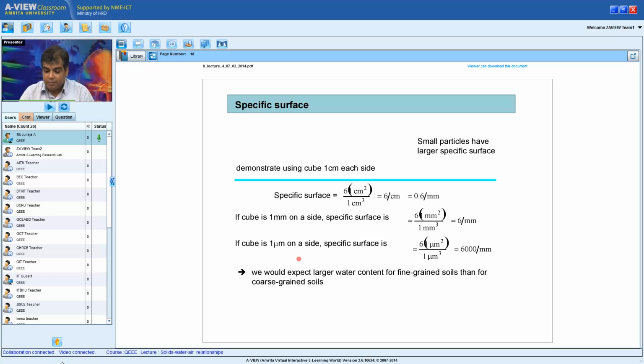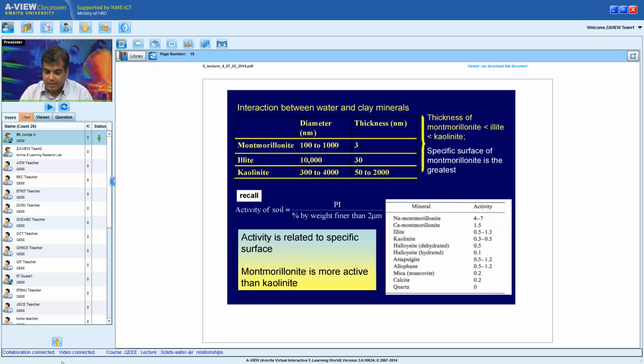If I go down, and similarly if I have 1 micron each side, the same cube now has a specific surface of 6,000 per millimeter. Remember, it's a huge difference. Huge difference means that the smaller the particle, the greater the surface area.